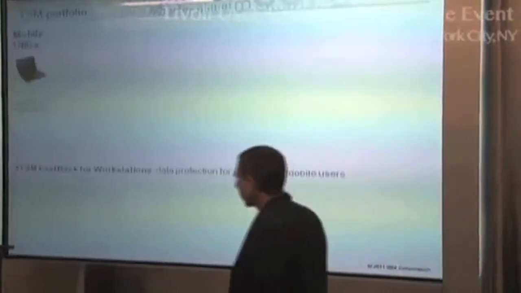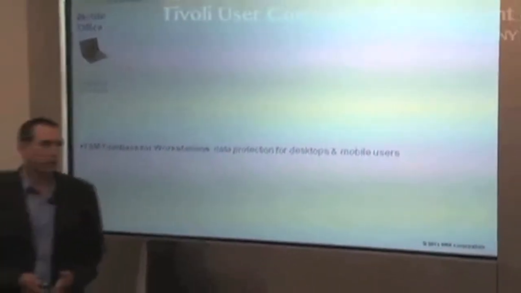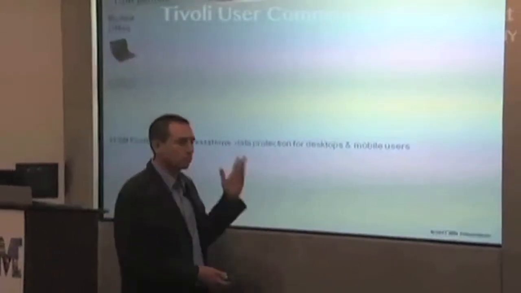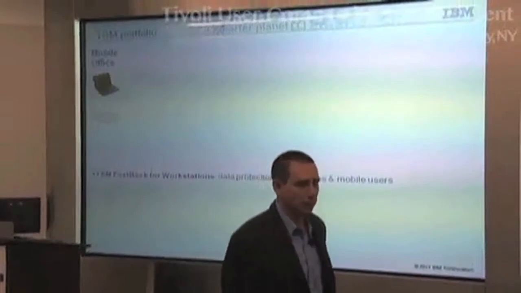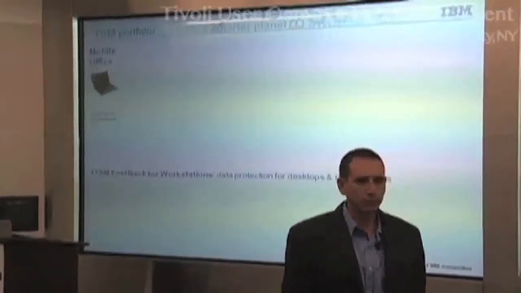So the first product is Fastback for Workstations. Some of you might know it as CDP for Files, as it used to be called back in 2009. And the target market is laptop data protection.